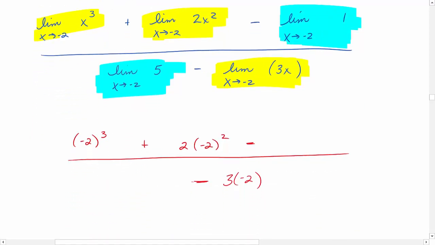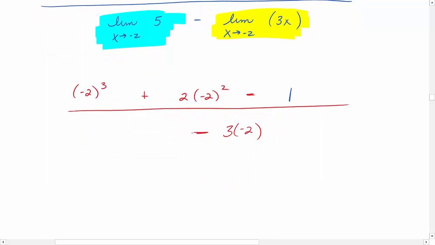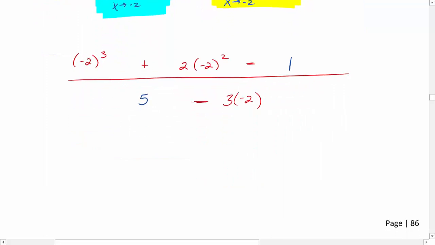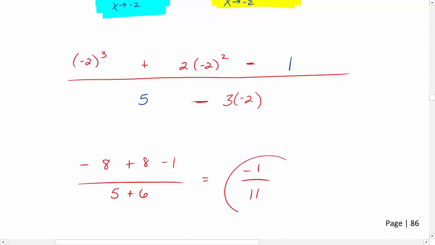All right, so the limit as x approaches -2 of 1 is 1, and then the limit as x approaches -2 of 5 is 5. And I would just need to clean all this up. That's going to be -8. It's going to be 4 times 2 plus 8 minus 1 over 5 plus 6. We get -1 over 11.